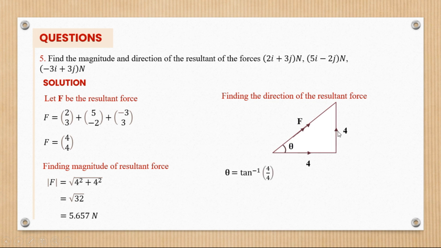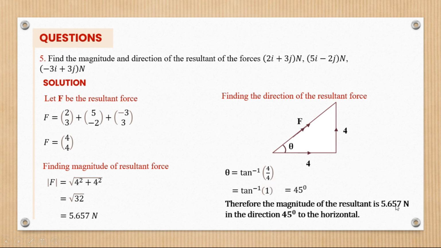To find theta, we'll use tan inverse of 4 over 4, because tan is opposite over adjacent. Now theta is equal to tan inverse of 1, so theta is equal to 45 degrees. Therefore, the magnitude of the resultant force is 5.657 newtons in the direction 45 degrees to the horizontal.